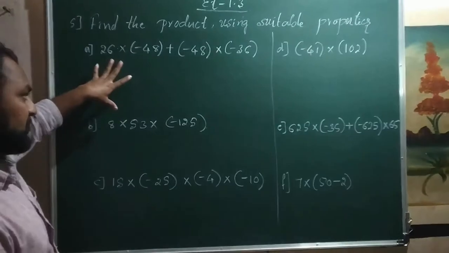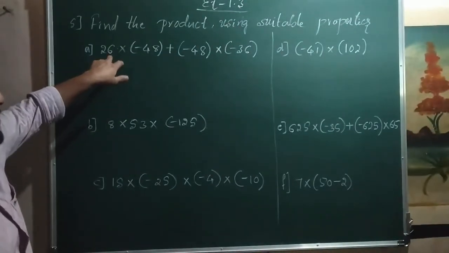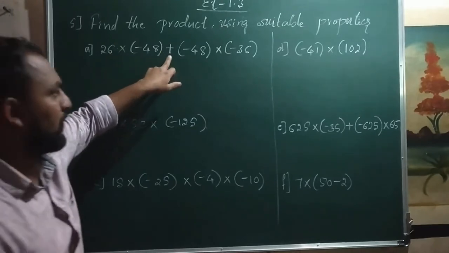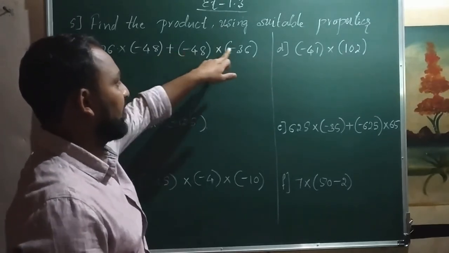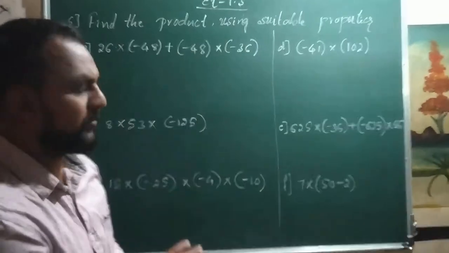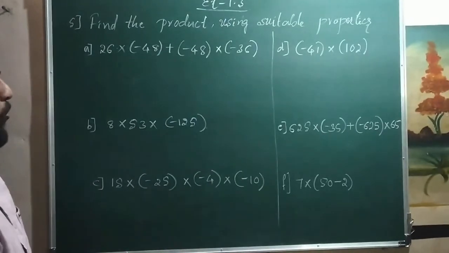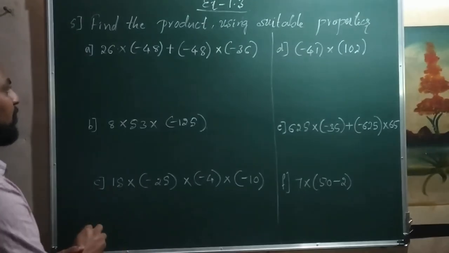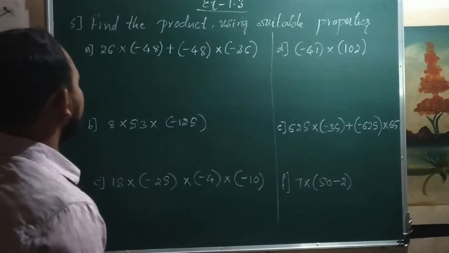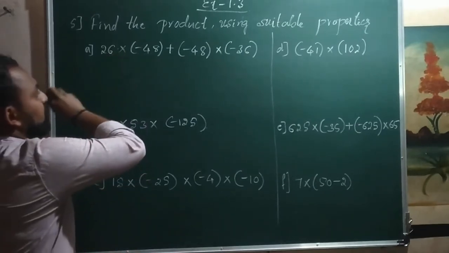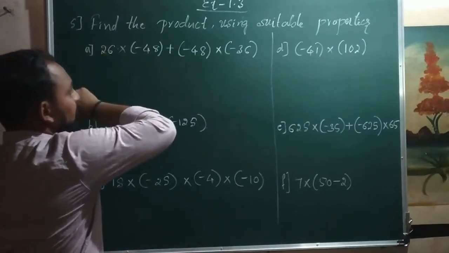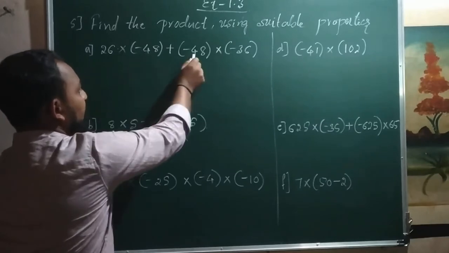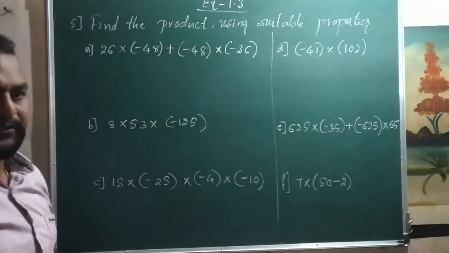Here the first one: 26 into minus 48 plus minus 48 into minus 36. By using the suitable property, which property have you used? Take minus 48 and minus 48, the same value.